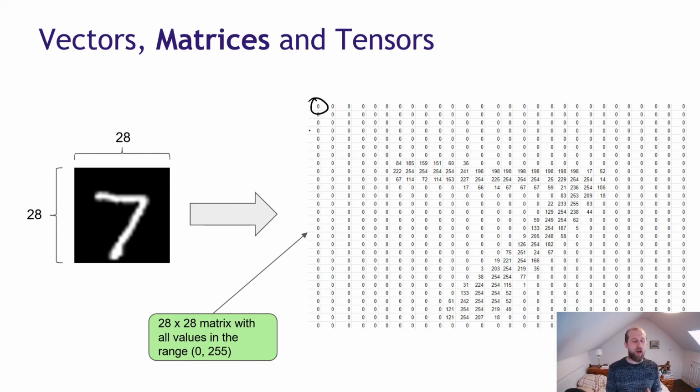And then as they get more and more white, they're going to become closer to 255. So here, this is 254. It's very, very white, almost as white as it could be, so it gets a very, very high value. And usually when we process these images, we squeeze all of this down into the range of 0 to 1. But that's not too important for now. For now, we can just look at it in terms of the raw numbers.